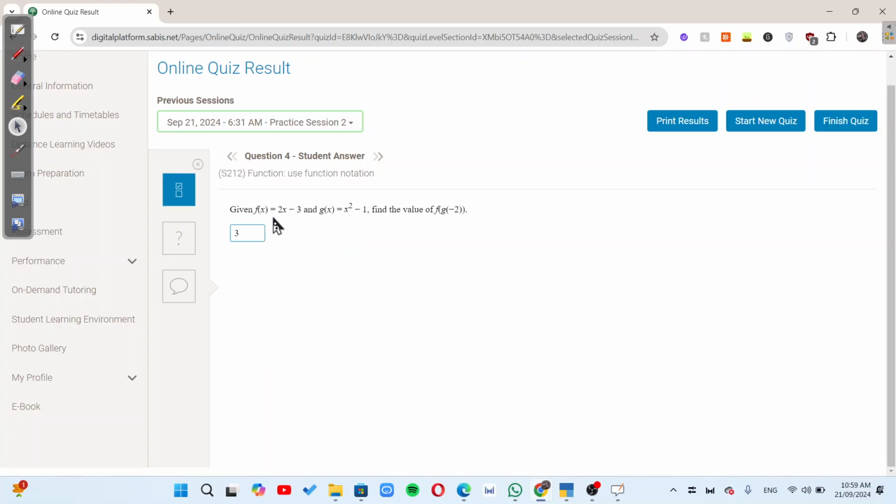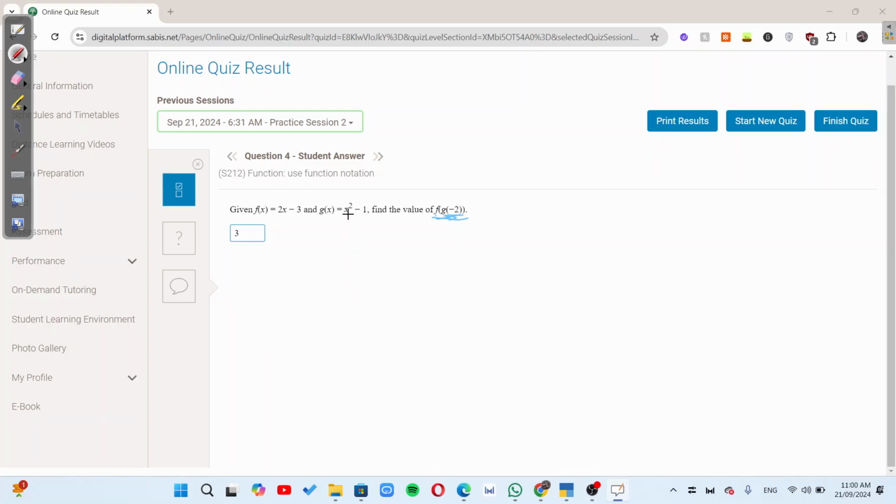Okay, so f of x is this and g of x is this. They want f of g of negative 2. So when you see anything like this, they want you to do this function first, then this function. Whatever answer you get from this function, you put it in this function. I probably said the word function too many times, but you're gonna understand when I start explaining.